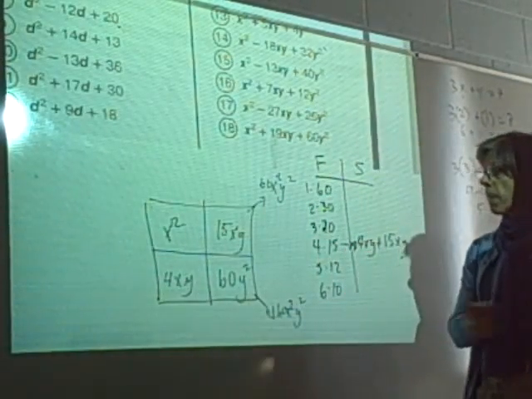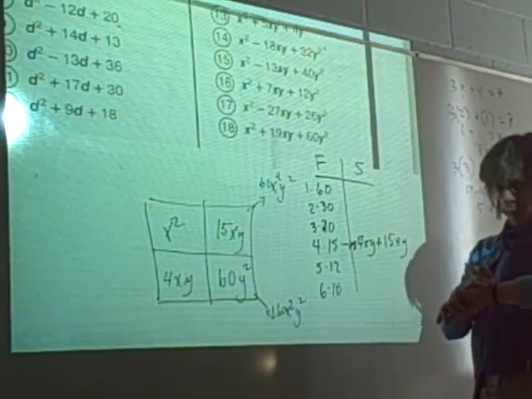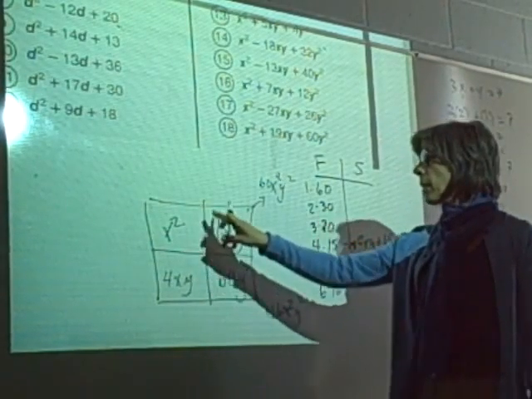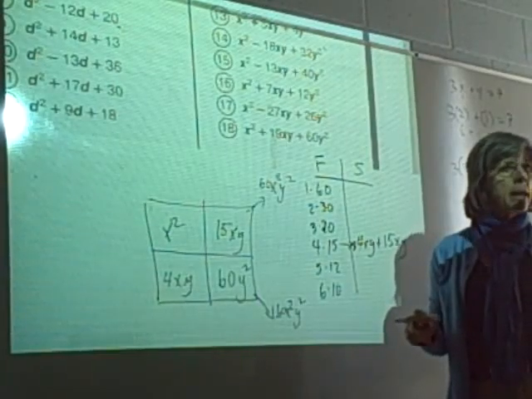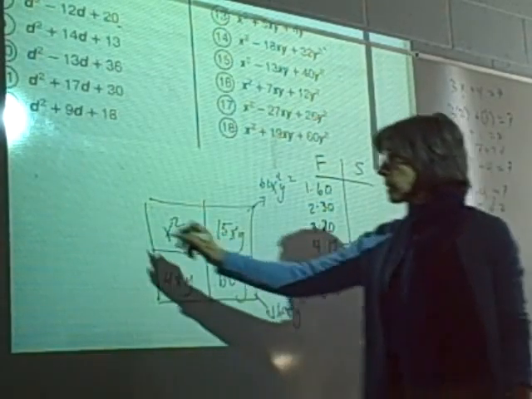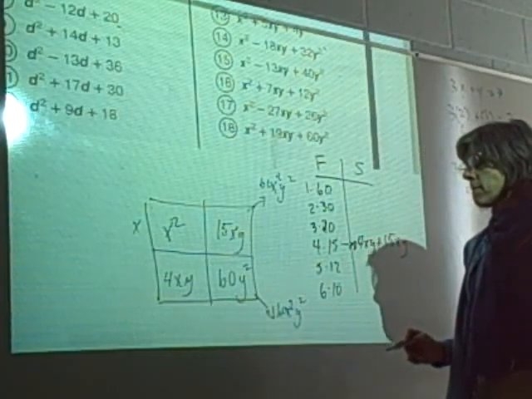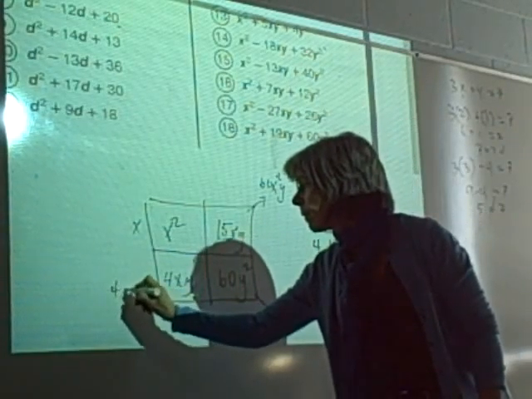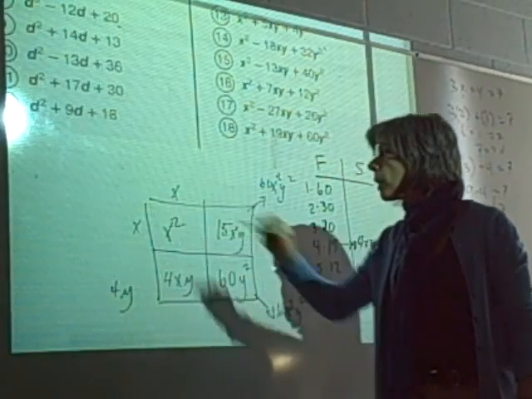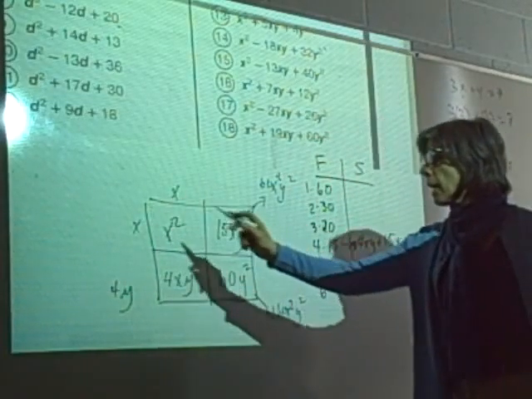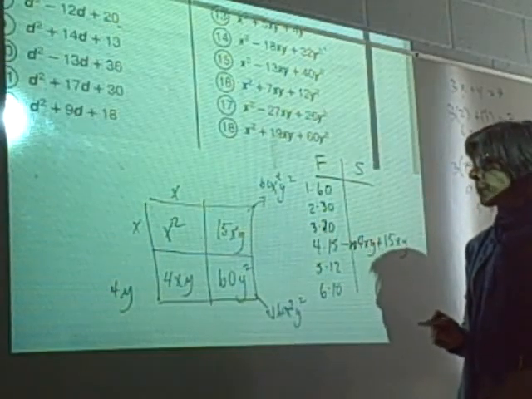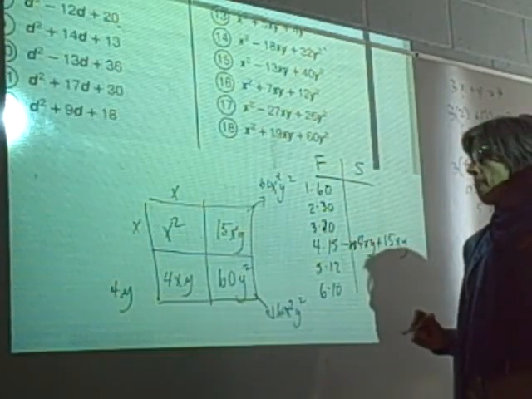Okay, so now my next step is what? Find the GCF. The GCF of x squared and 15xy is x. And what about over here? 4y. Good. So x times what is x squared? x, and x times what will give me 15xy? 15y. Good.